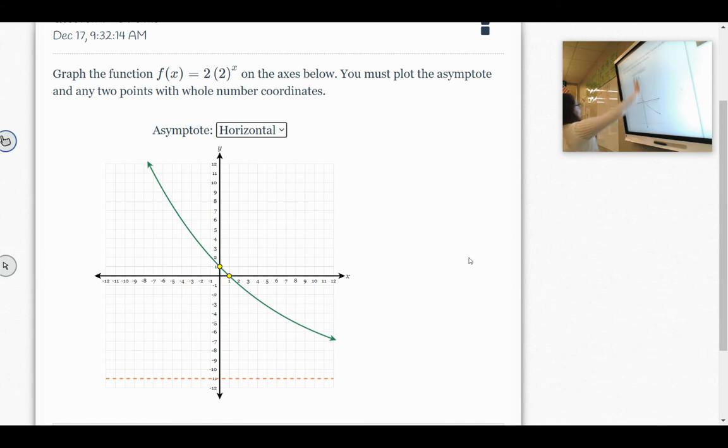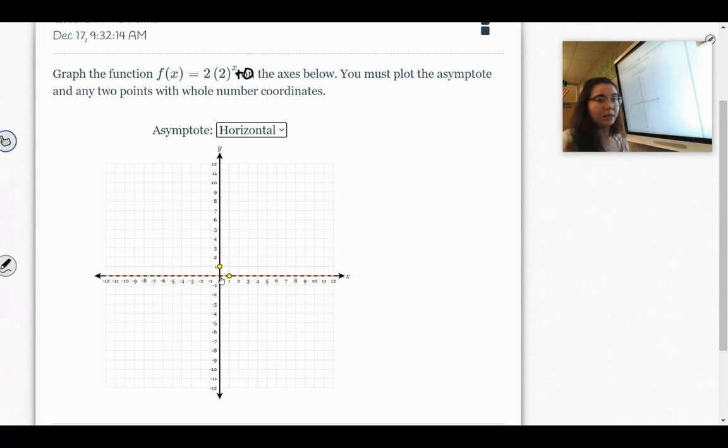So now we have our equation 2 times 2 to the x. And we know where to put our asymptote by whatever is added on to the end of our equation. There is nothing added on to the end of our equation, so we know that we are adding 0. I'm going to take this orange dotted line and move it up to 0.